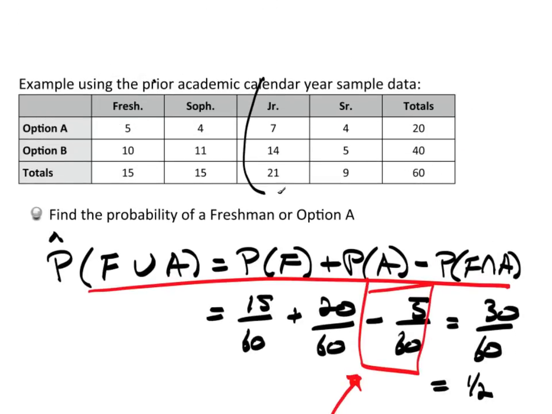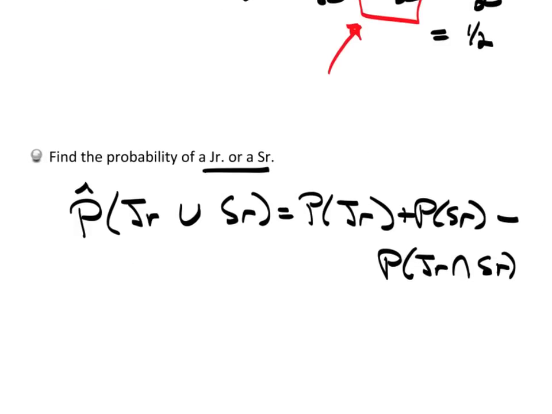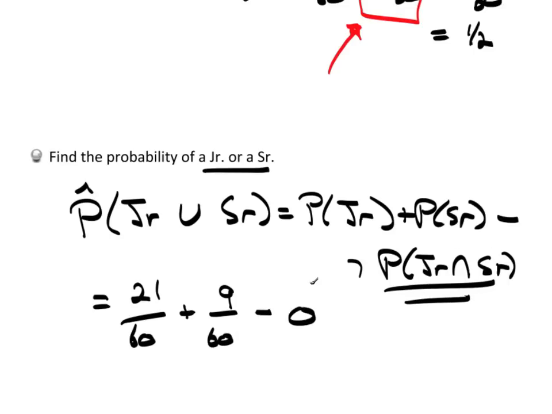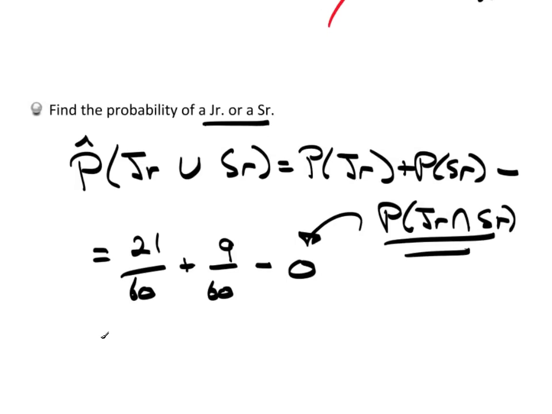Okay, here's my juniors. Here's my seniors. You can see there's no and here. Juniors and seniors are mutually exclusive. So I have 21 out of 60 and 9 out of 60. So this is going to be equal to 21 out of 60 plus 9 out of 60 minus 0. Because this piece is 0. They don't share anything. So this is going to end up being 30 out of 60.